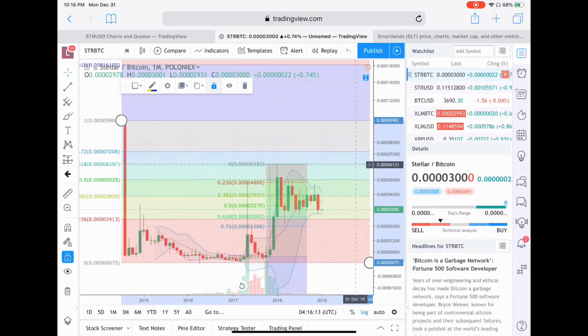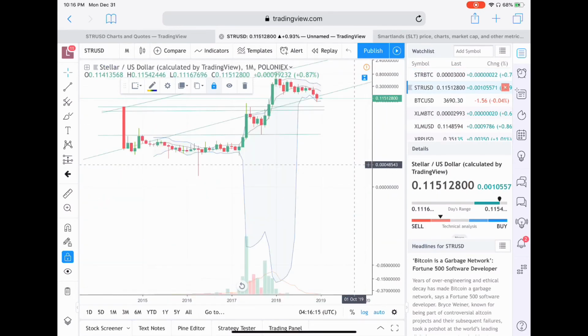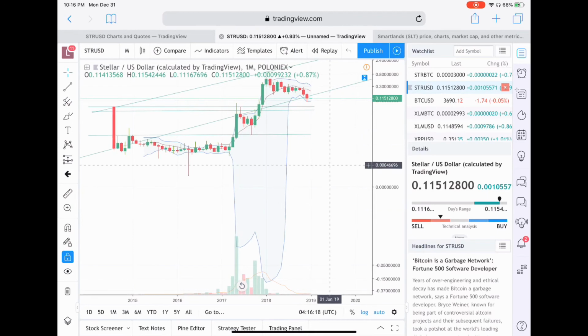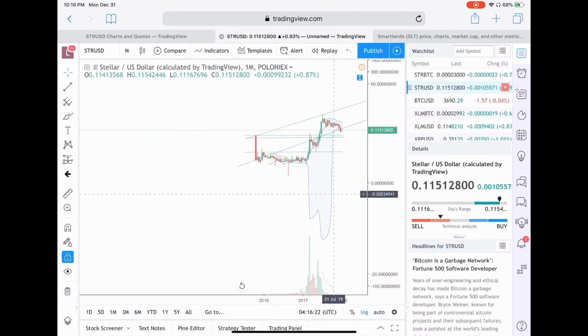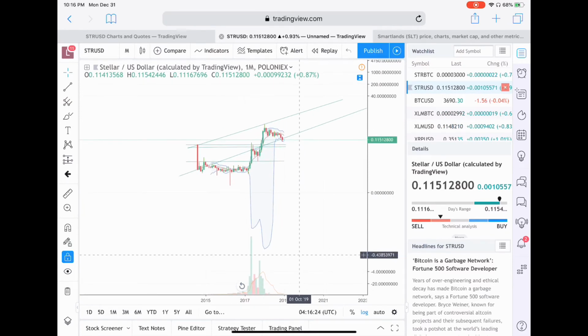So therefore, it's going to make more sense to invest in Stellar than Bitcoin because you're going to see more ROI returns. If you don't believe me, just look at the previous, I want to say 2 years of price action for Stellar in relation to Bitcoin, and you will get your answer.